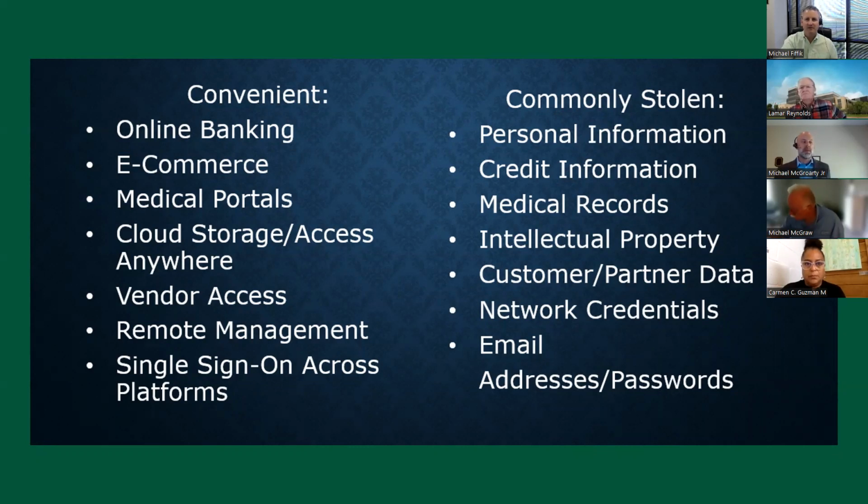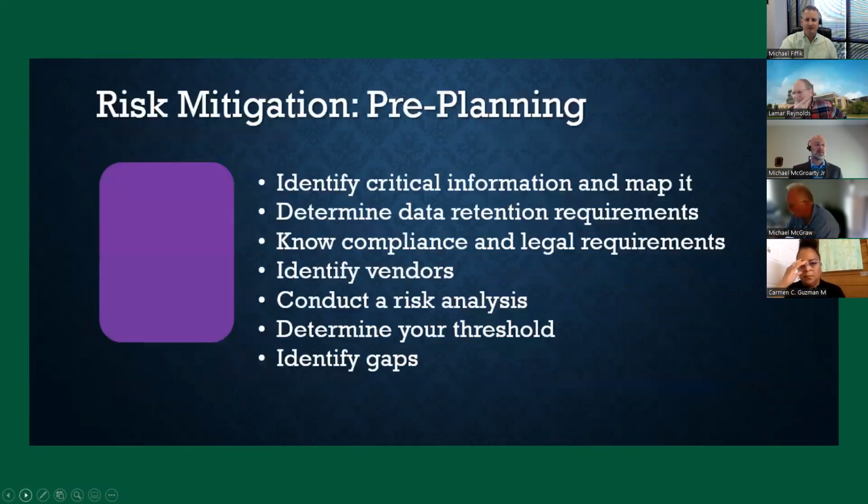The most commonly stolen items are personal information, credit card information, medical records, intellectual property, customer and partner data, network credentials, email addresses. How many spam emails do you get? People sell those everywhere and make a lot of money off of hacking lists from companies and then selling those email addresses to people. So those are the things that are most commonly stolen.